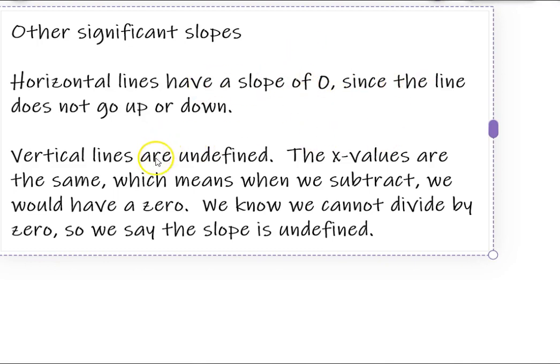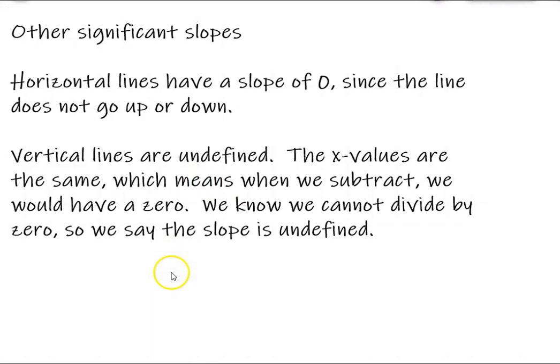Vertical lines are considered to be undefined. Remember, the x values are the same, so if we subtract, they would go to 0. We cannot have a 0 in the denominator of a fraction, so the slope is undefined in that case.